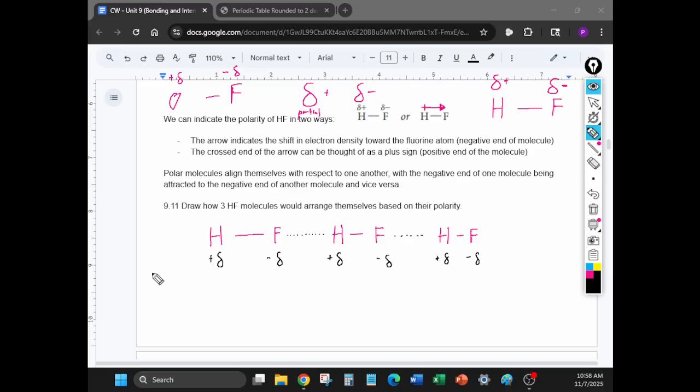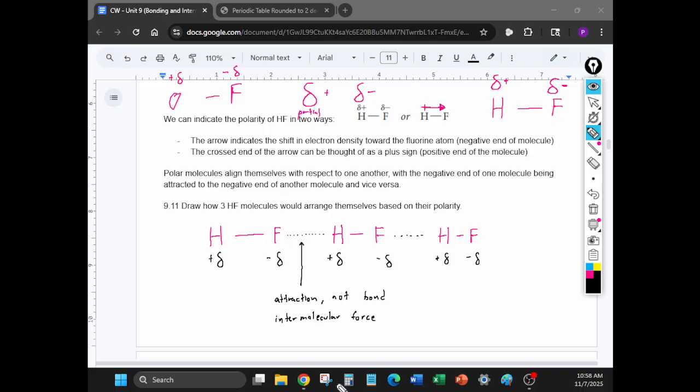And what we call this, where there's an attraction but not a bond, so let's indicate this: this is an attraction based on the polarity, but it's not a bond. This is what we call an intermolecular force. We're going to talk more about this later. This is actually the title of the unit, intermolecular forces.